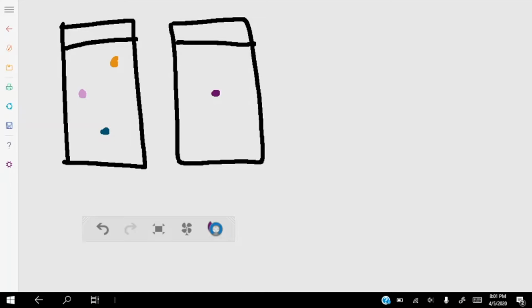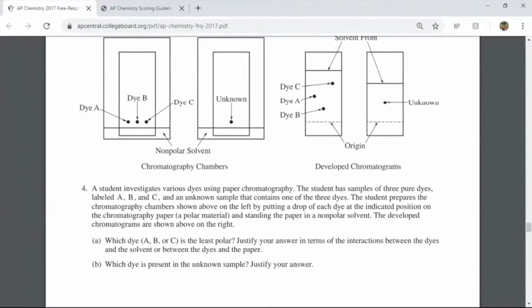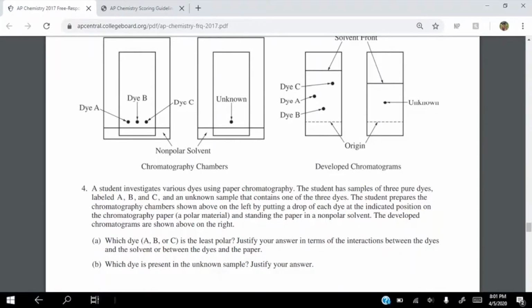We also know that molecules with the same polarity are attracted to each other. So the question is asking us to determine which dye is the least polar, meaning which is more nonpolar. So it's basically asking us which one is more attracted to the nonpolar solvent front.